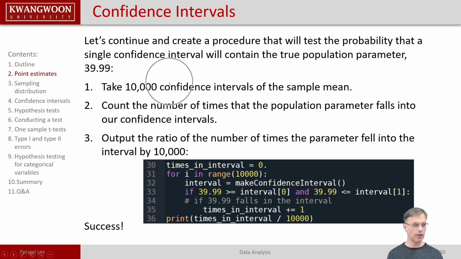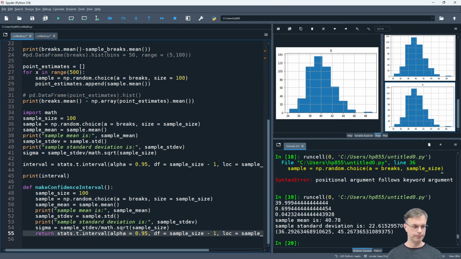Take 10,000 confidence intervals of the sample mean, count the number of times that the population parameter falls into our confidence intervals, and the output is the ratio of the number of times the parameter fell into the interval by 10,000. Okay, let's do it.